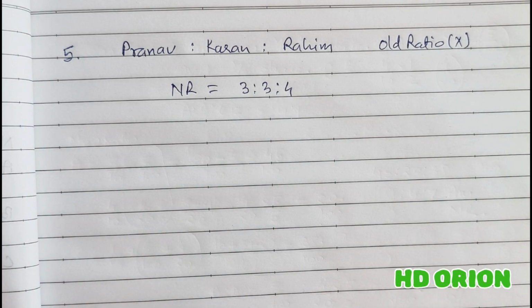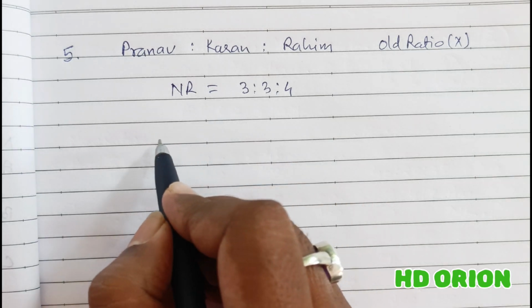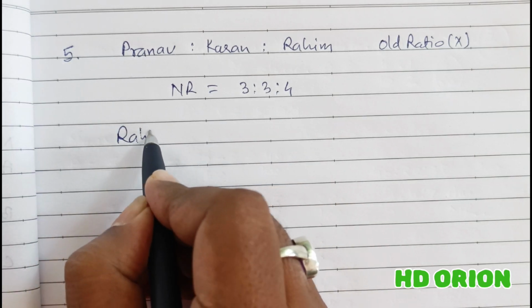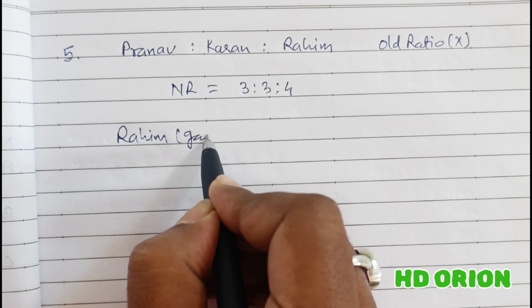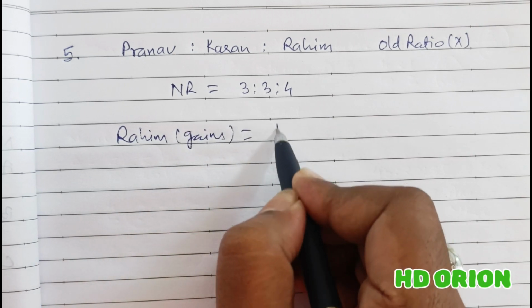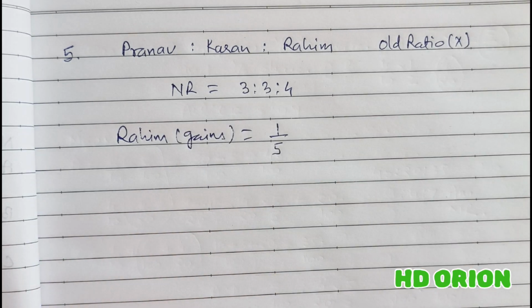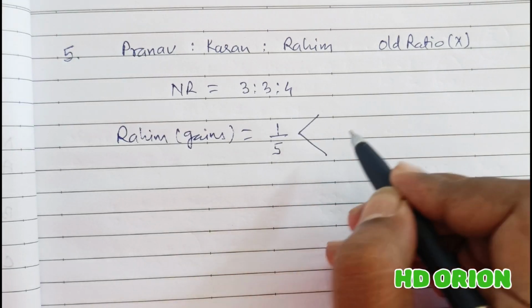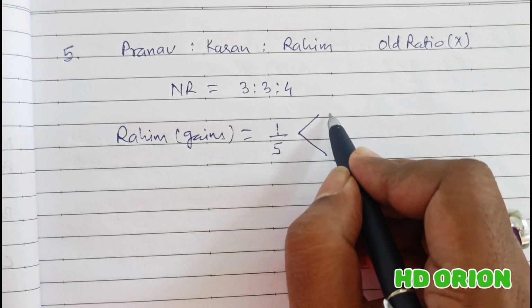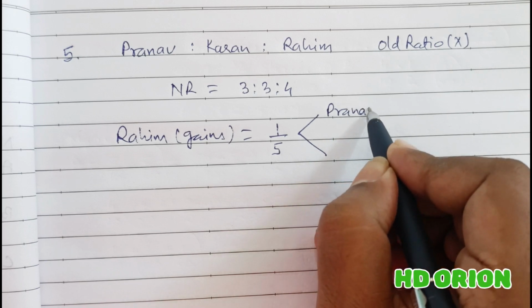And the question further says that Rahim takes 1/5 share equally from Pranav and Karan. Rahim gains 1/5 of the total profit, which he takes equally from Pranav and Karan.